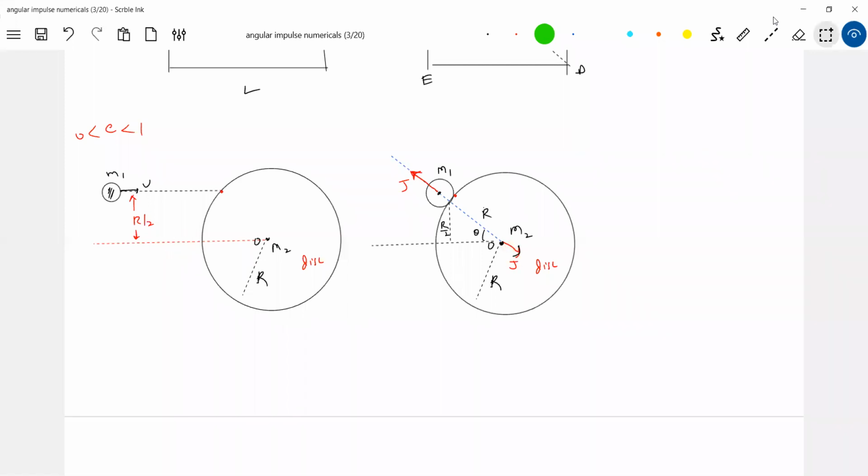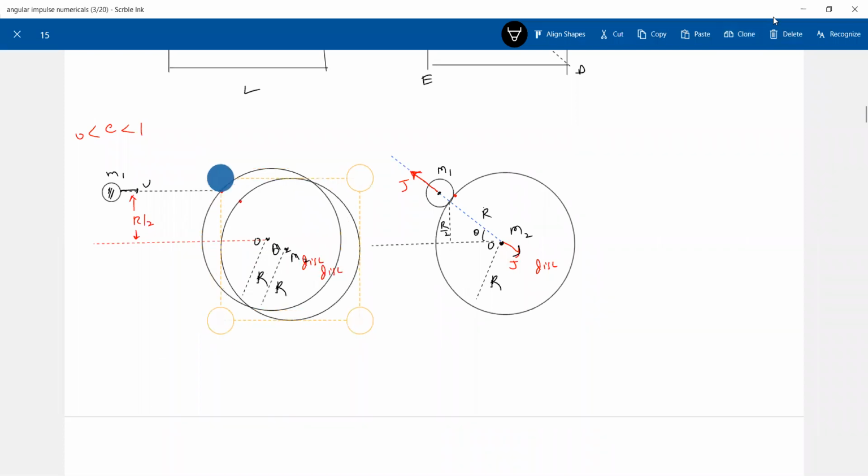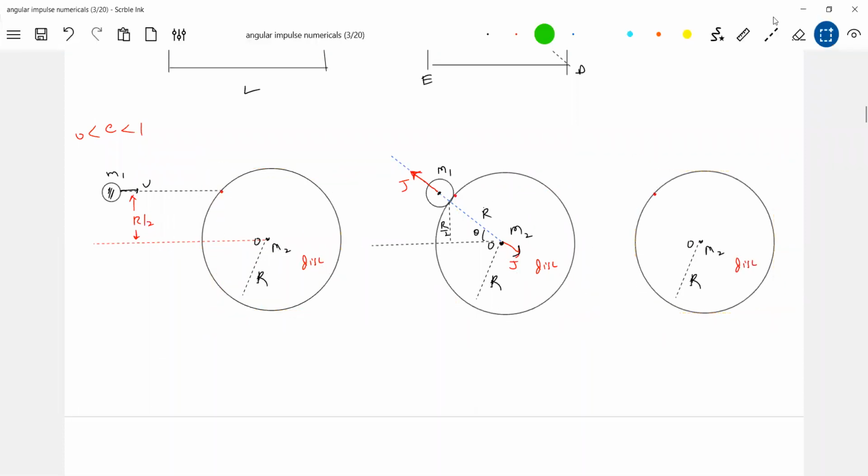Sir, after collision, how will the disk move? Now, what do you expect of the disk after collision? It will just move along the direction of impulse. Clear? It will just move in the direction of impulse. What about the particle? Okay, now resolve the velocity.